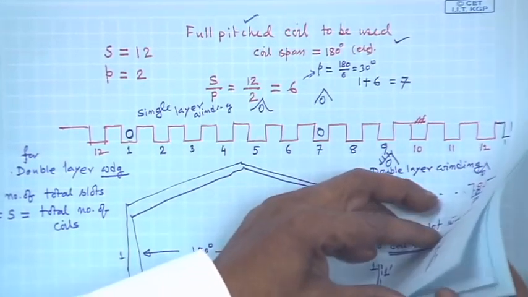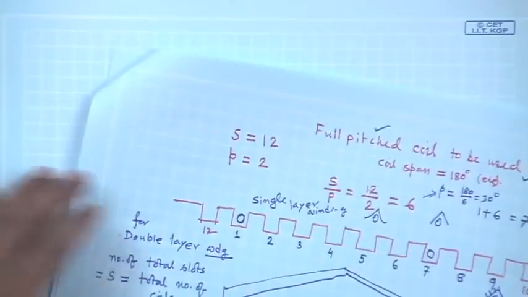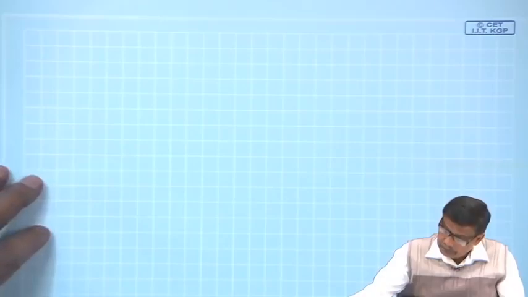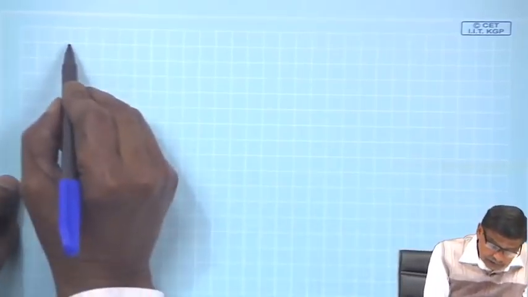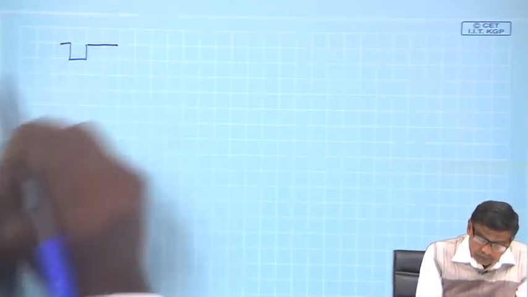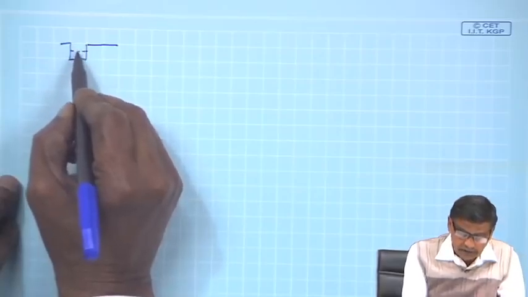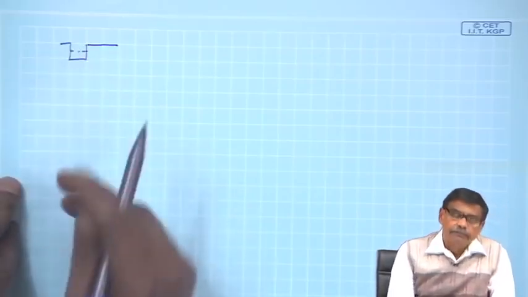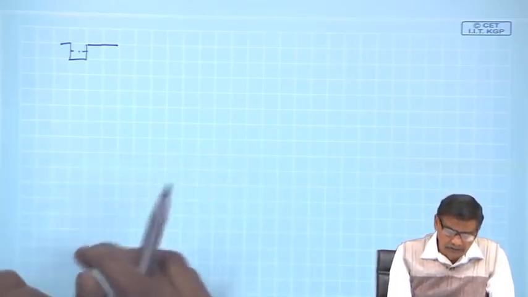So, in double layer winding, essentially in each slot there will be two conductors, you recall, just quickly reviewing. Two coil sides will be there in each slot, and these coil sides may belong to the same phase group or to different phase groups, that we will see.